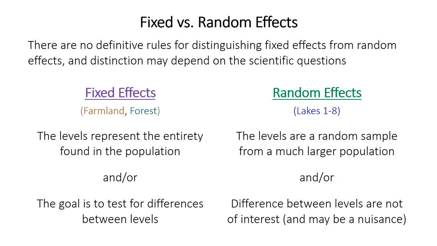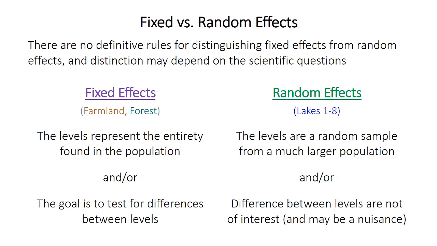In the example here, there probably are more types of land use than just farmland and forest, so that doesn't really meet the first one. Farmland and forest probably aren't the entirety of land use types in the population. But we're treating it as a fixed effect regardless because our goal is to test for differences between farmland and forest. So you have to treat it as a fixed effect.